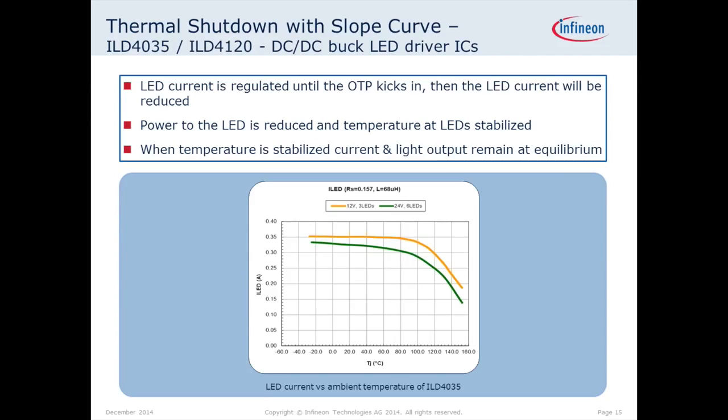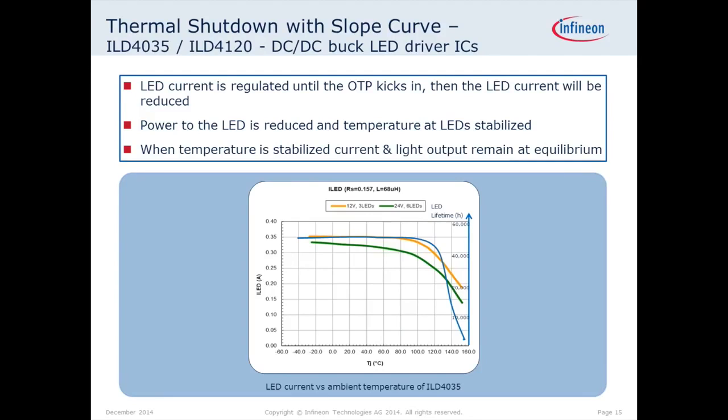Here the junction temperature of the IC is shown, and with the slope function the current is reduced. This is desired, I think. And here we are talking about real protection, not only of the IC but of the LED system, as you can see here.